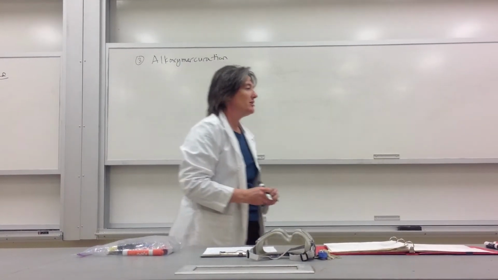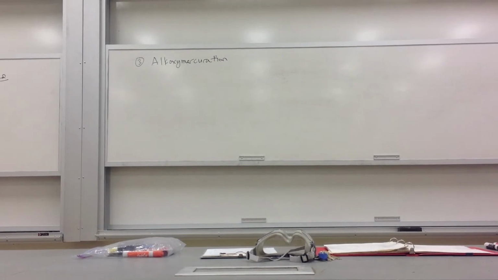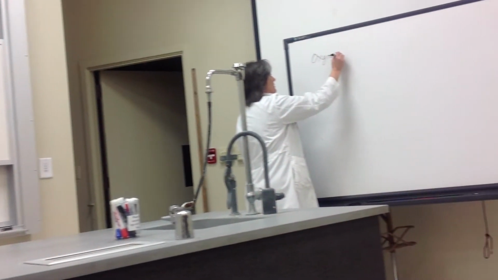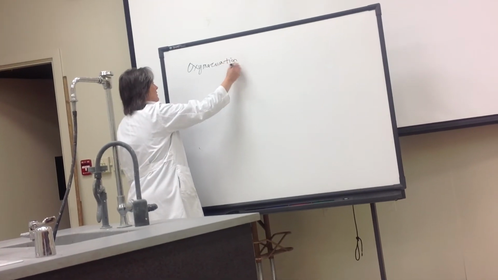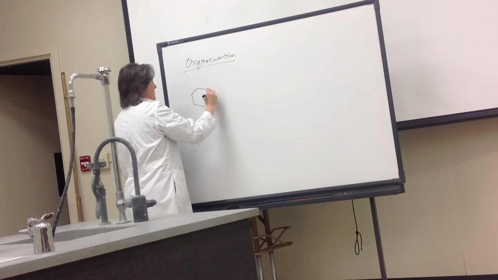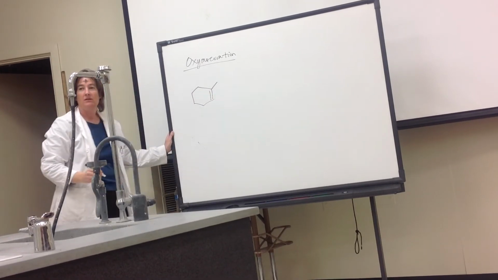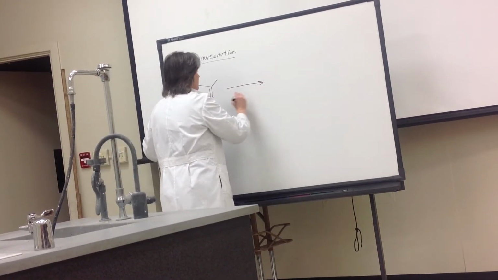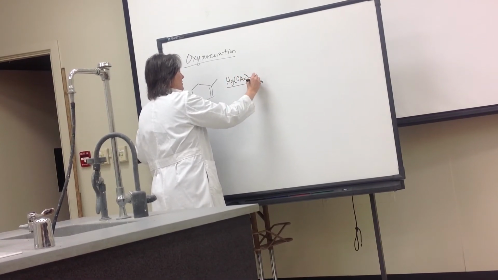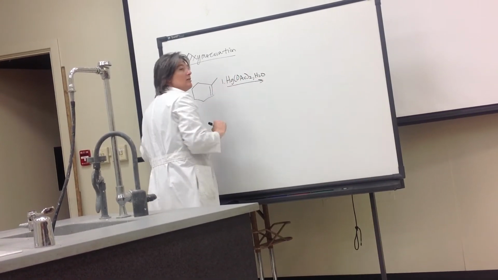So let's go over here and just review oxymercurations. Oxymercuration is where we took an alkene and treated it with mercuric acetate and water.